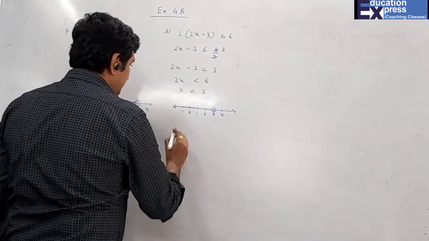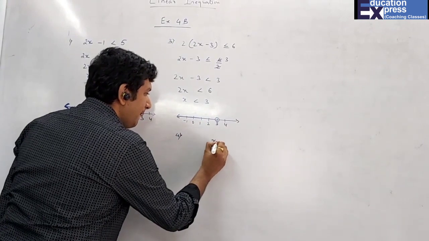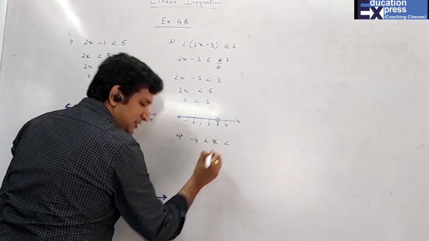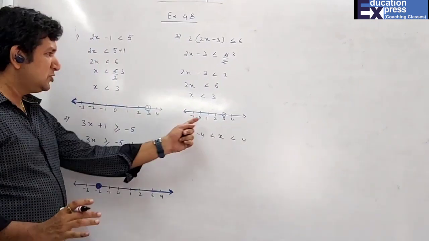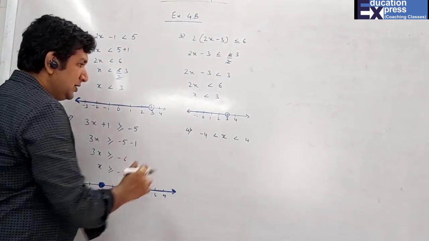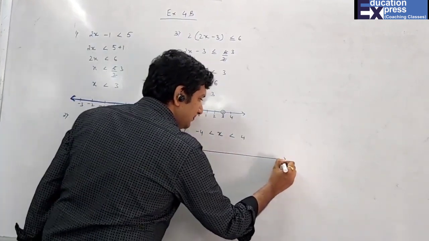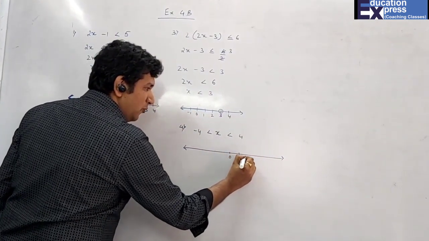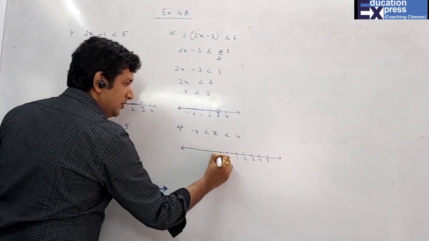Fourth part, x is more than. Now you can see that they have given the limits on both the sides. Limits means you can just go to that particular part only. So now here, on both the sides we have a limit. So 0, 1, 2, 3, 4, 5.